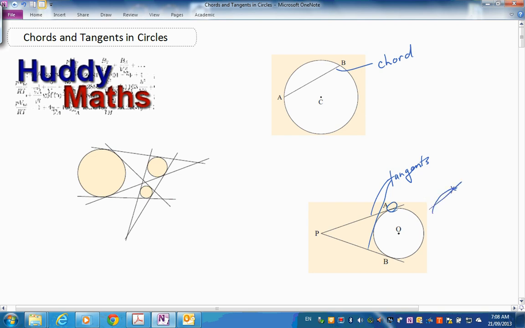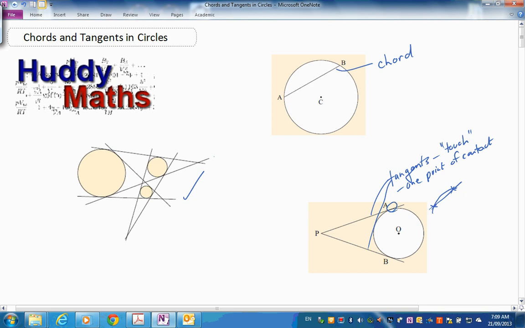That would not be a tangent, because there'd be 2 points of contact here. A tangent has only 1 point of contact, a line with 1 point of contact with the circle. That's that one touching point. Tangents, if you like, touch the circle, do not intersect. So I guess you knew that. And here's a big mixture of tangents over here, just to confuse you.